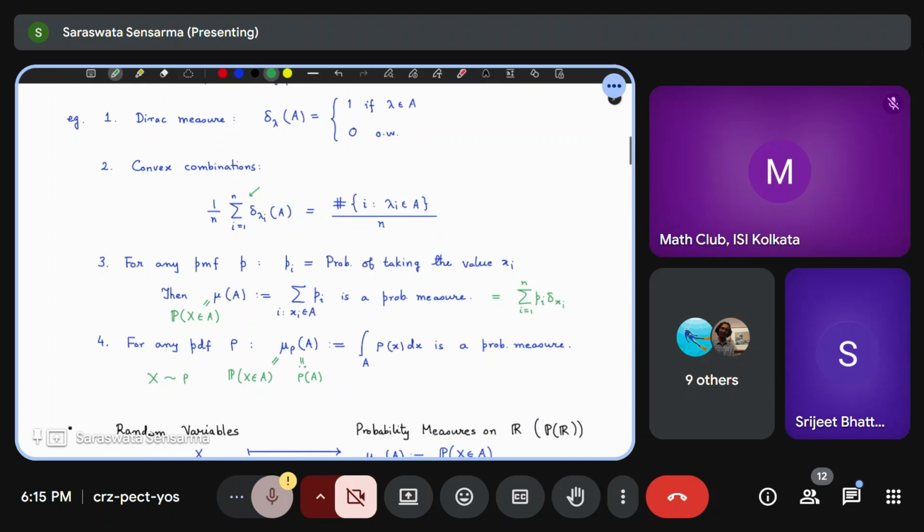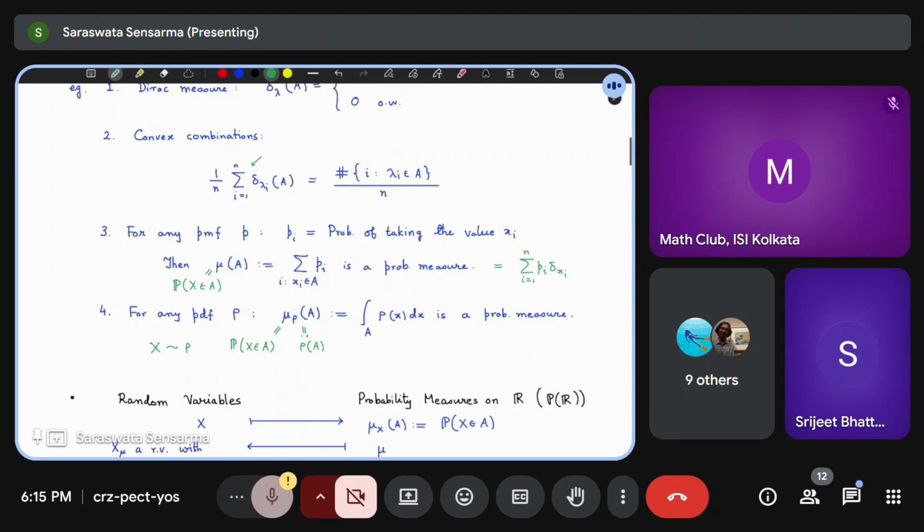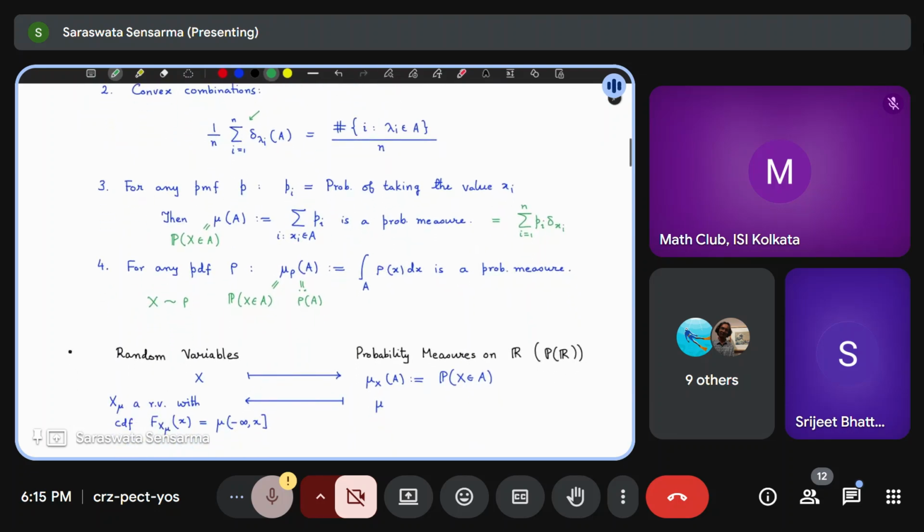In fact, these two previous examples are an exact correspondence. Real valued random variables, I should say, and probability measures on R are in one-to-one correspondence. You can start from a random variable and get a probability measure by simply looking at this sort of function. Or conversely, you can start from a measure on the real numbers and come back by looking at a random variable.